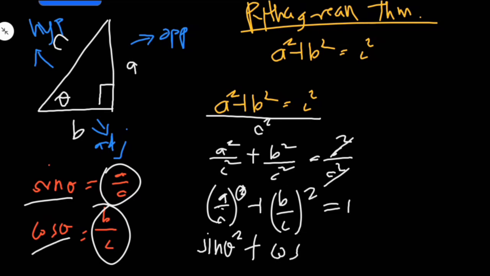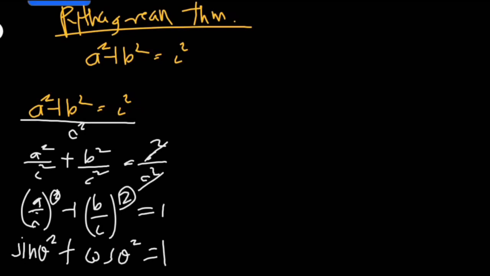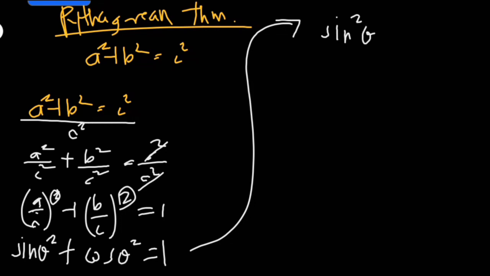This becomes cosine theta squared. We can rewrite sine theta squared plus cosine theta squared equals 1 into sine squared theta plus cosine squared theta equals 1.